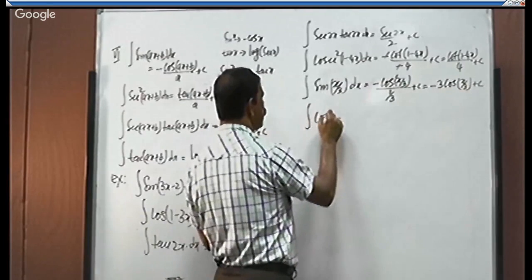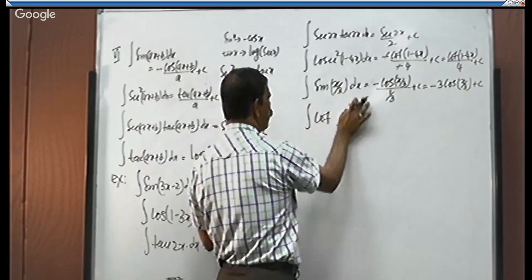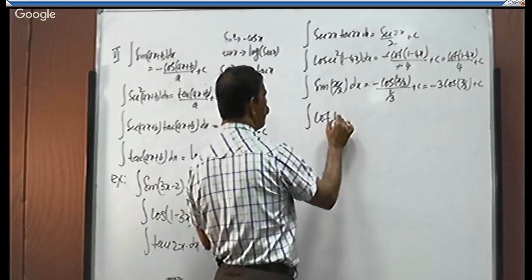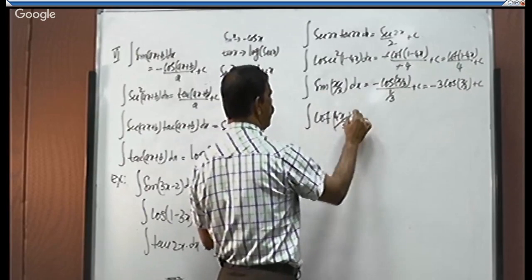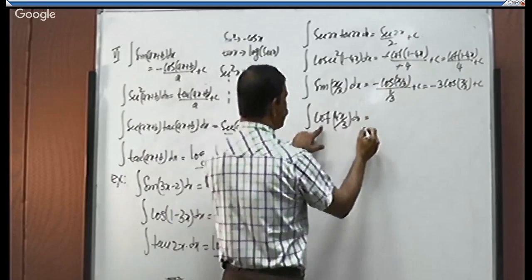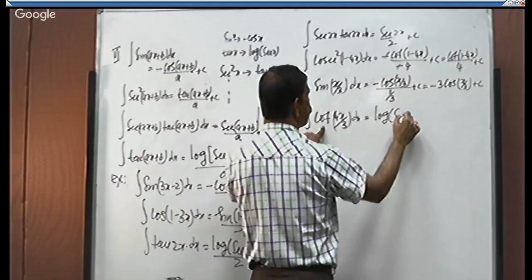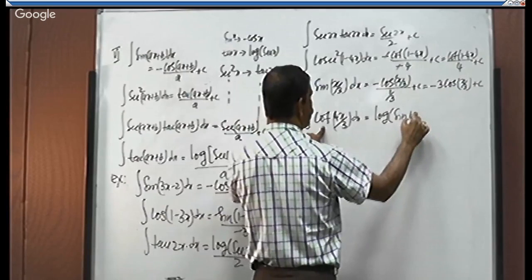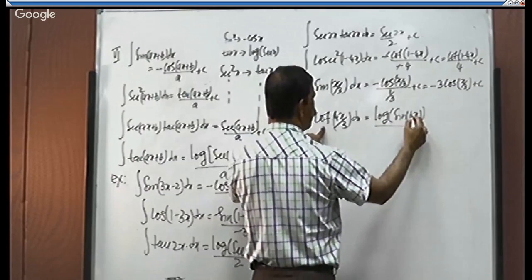Integration of cot of 4x by 3 dx. So hence for cot it is what? Log of sine, right? Sine. That is 4x by 3. What is x coefficient? X coefficient is 4 by 3.